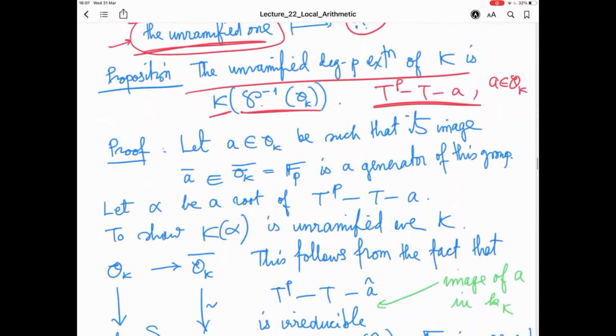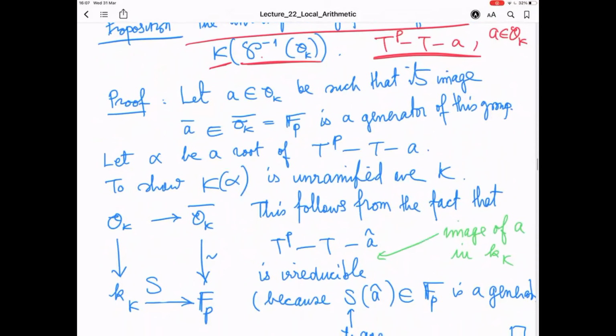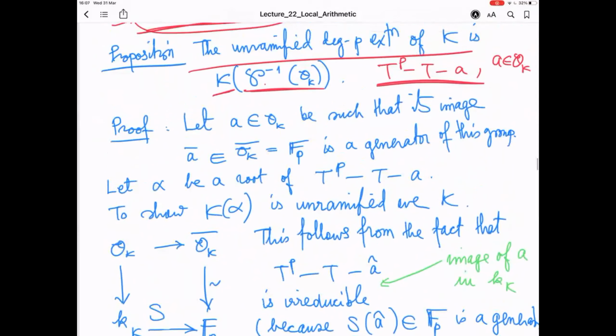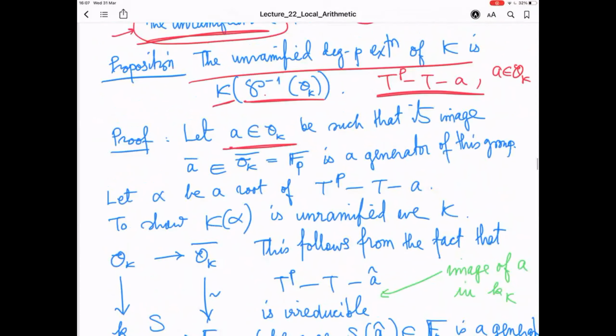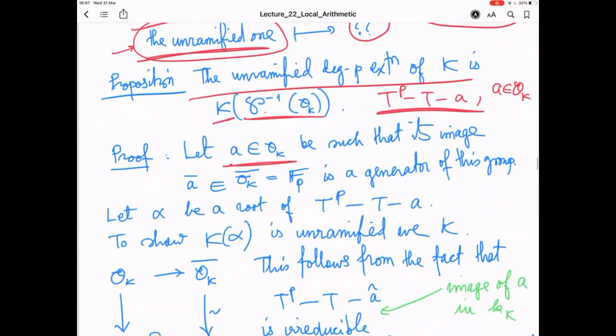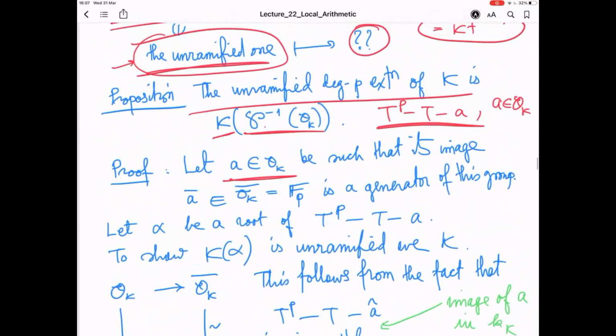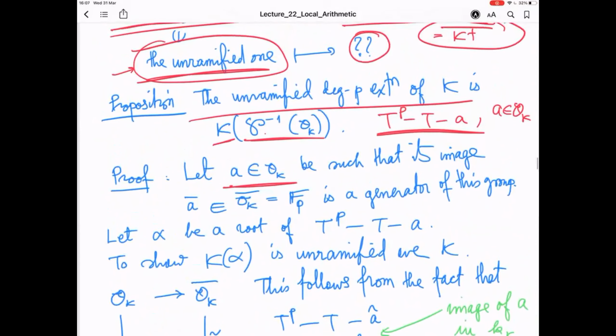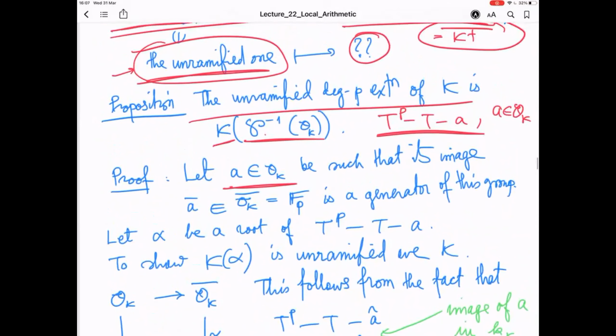Next. So where's the proof? In fact, you just need to adjoin it for one a, because the image of O_K, because O_K bar is F_p, and that's generated by one element, right?